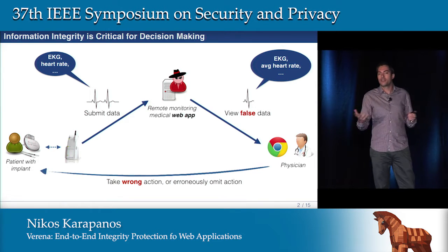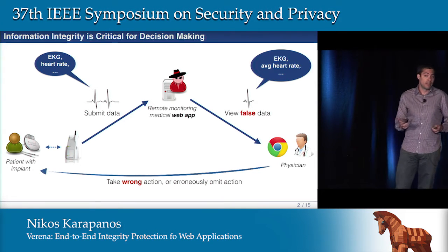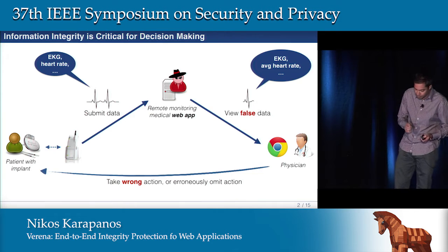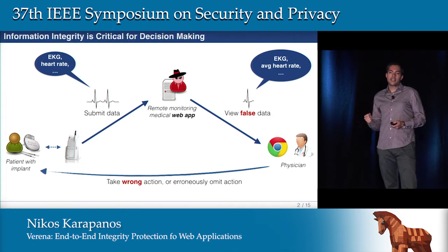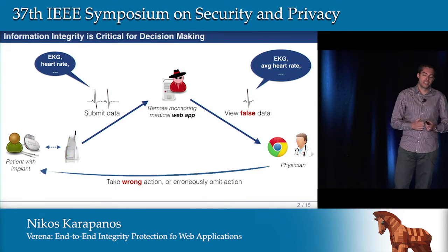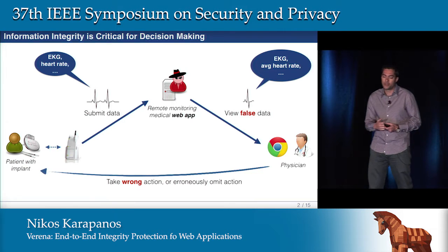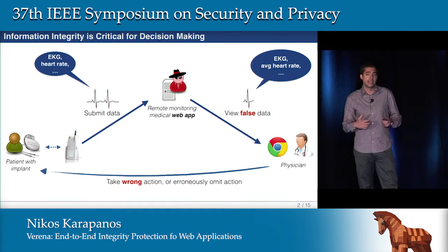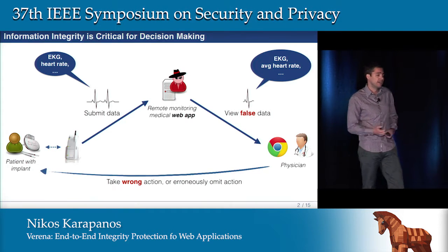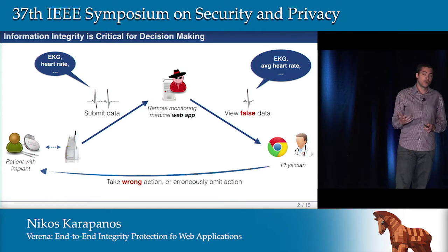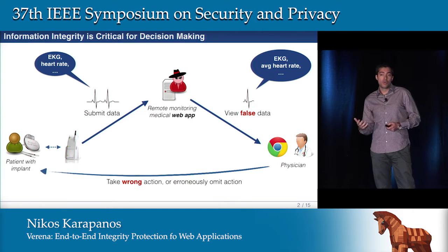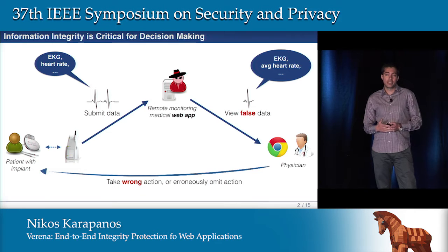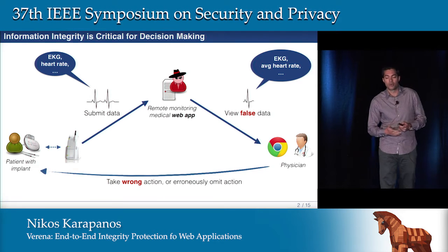And depending on the use case, this might even prove fatal for the patient. So integrity protection in this kind of setting seems to be quite important. And you can think also of other applications, like in government and military sectors, where decision-making is important. Then we would really need to make sure that integrity protection is there and we protect this information.